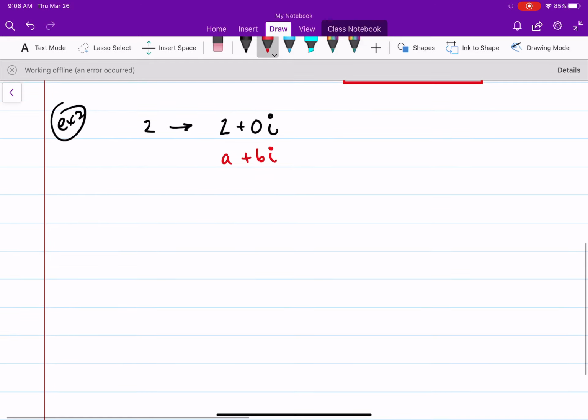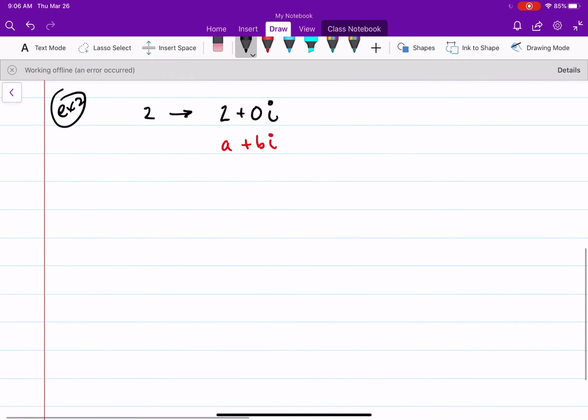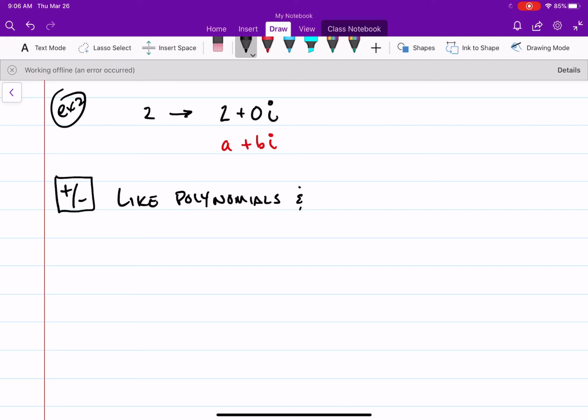Okay, we're going to talk about all the operations. Let's talk about addition and subtraction of complex numbers. With addition and subtraction, it's going to be like polynomials and radicals, where we need like terms.